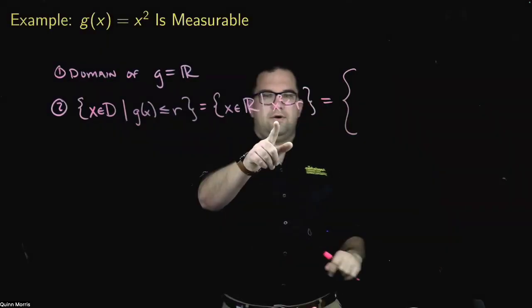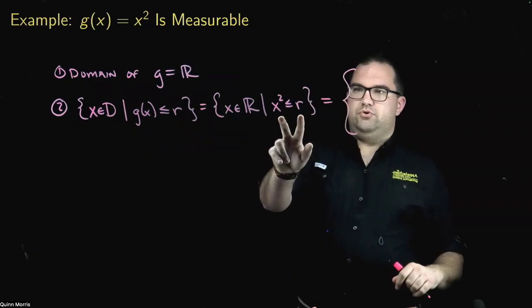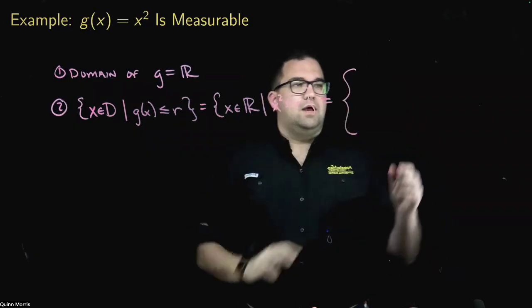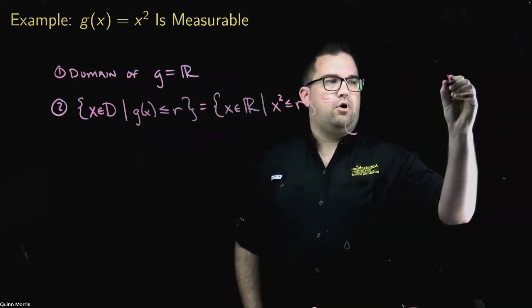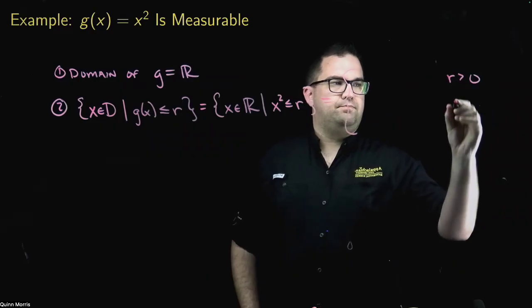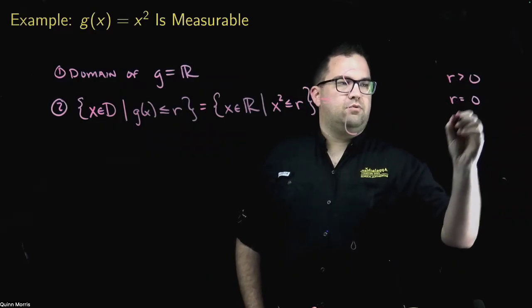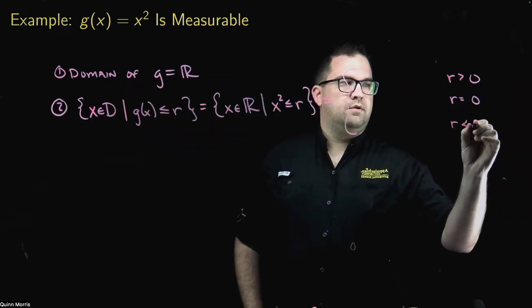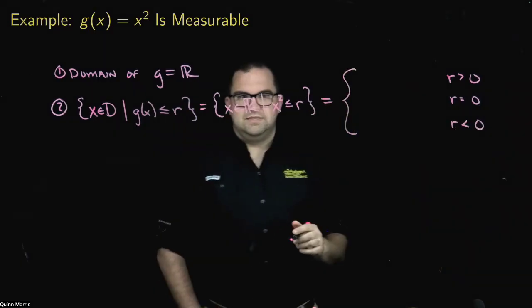It turns out here I'm going to need to break this into three cases: where r is greater than 0, where r is equal to 0, and where r is less than 0.